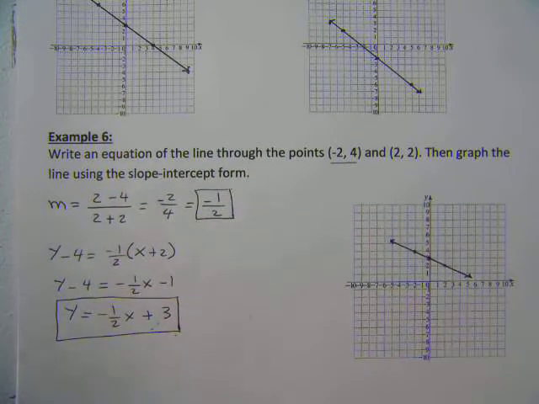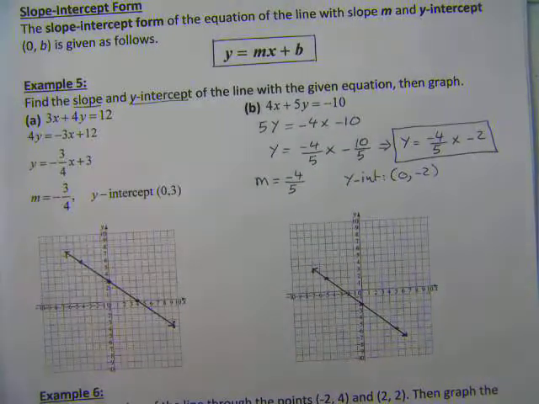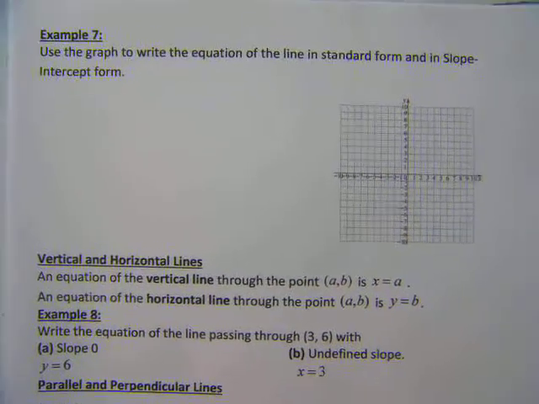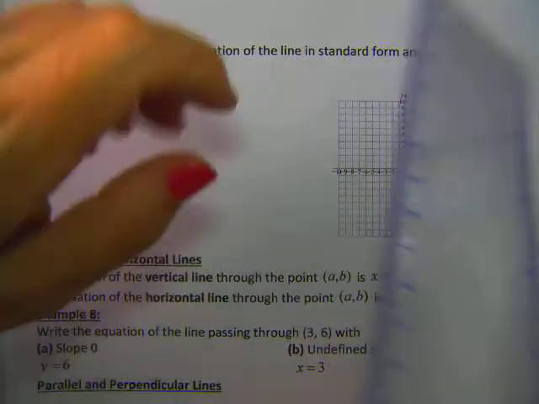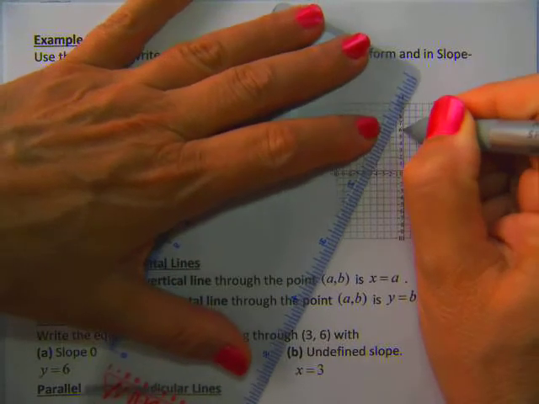All right, let's go to the next example, example 7. It says use the graph to write the equation of the line in standard form, and I did not yet graph the line for you, and here it is.